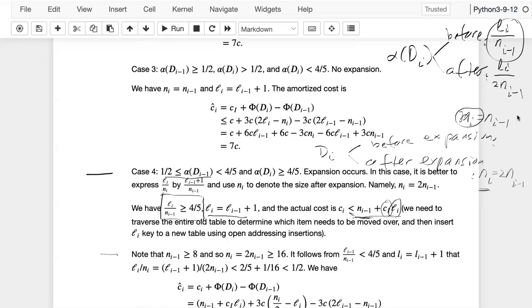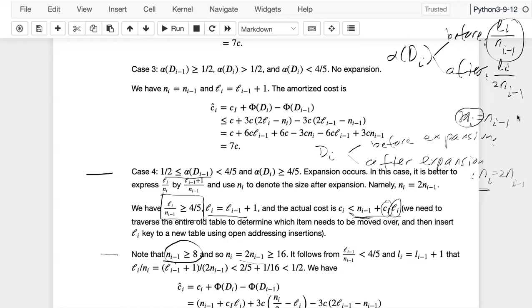We need to do some calculation, since we assume that throughout the operations, the size of the hash table is always at least 8. Hence, 2 times N sub I minus 1 is at least 16.